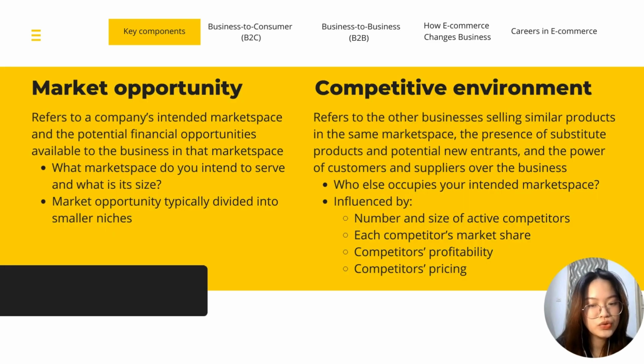The next 2 elements are the market opportunity and the competitive environment. And you can see all the related information in our slides here. It has stated really clearly, right? So I will skip through these elements as they are also important, but let's focus on the later parts of this presentation.